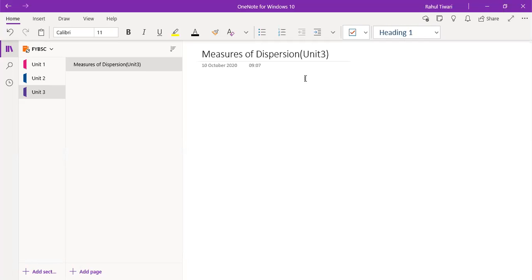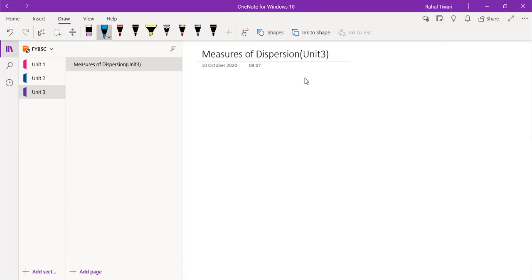The central value just tells you what could be your middle value. That's it. Nothing else about the data. Okay. So that's why there is a requirement of measures of dispersion, to understand more deeply about the data. We should always go for measures of dispersion.